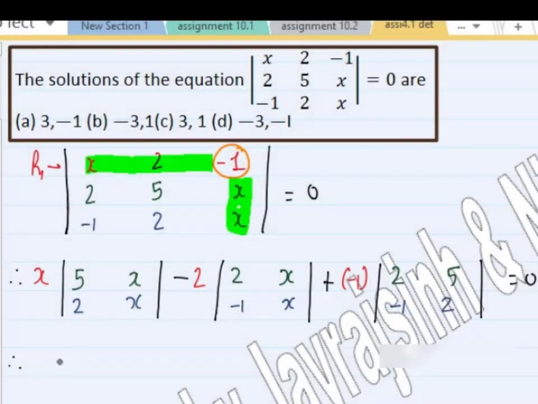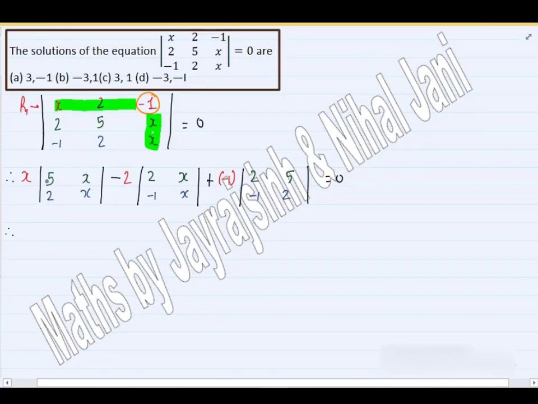Now in the second step, we have to simplify these 2 cross 2 determinants, and our x will be as it is. x will multiply with 5, will give us 5x, minus 2 will multiply with x, will give us 2x. Similarly, minus 2 will be as it is.